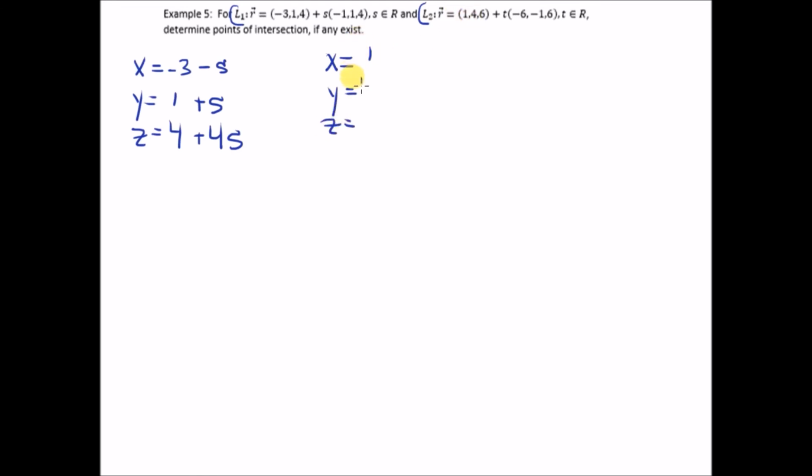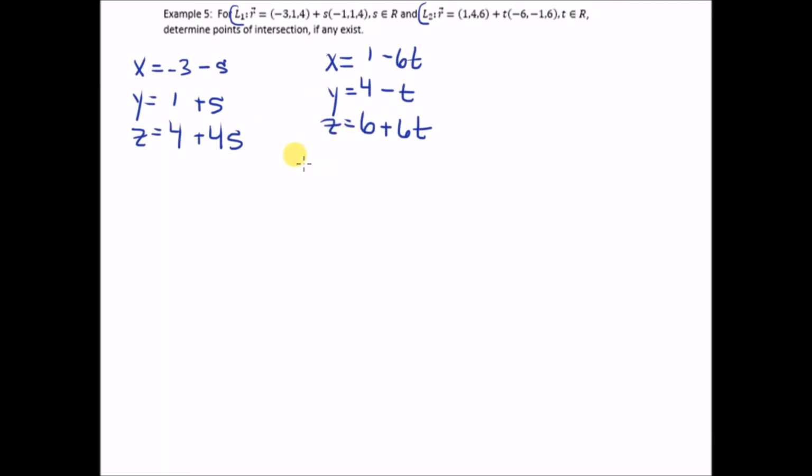We have 1, 4, 6 minus 6t this time. Whenever we write two equations, we always have to have a different parameter, one parameter that's unique for each. So here are the two lines.